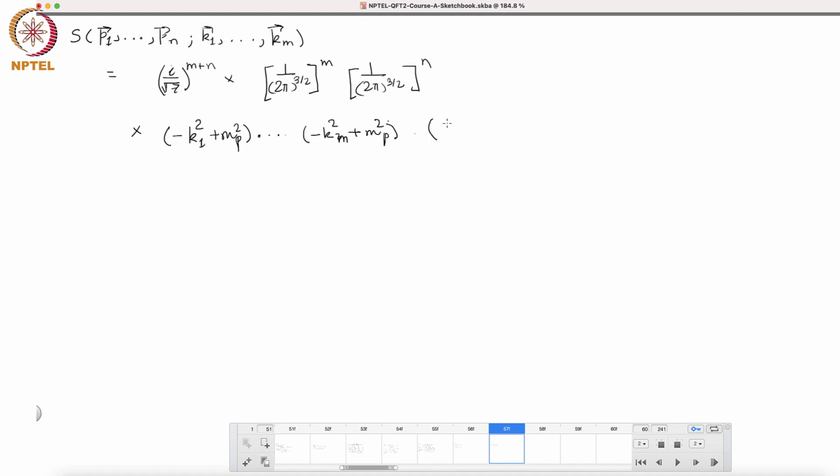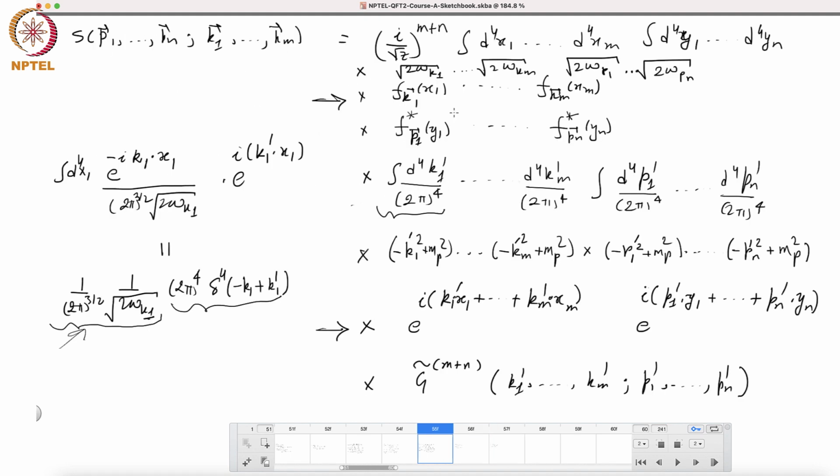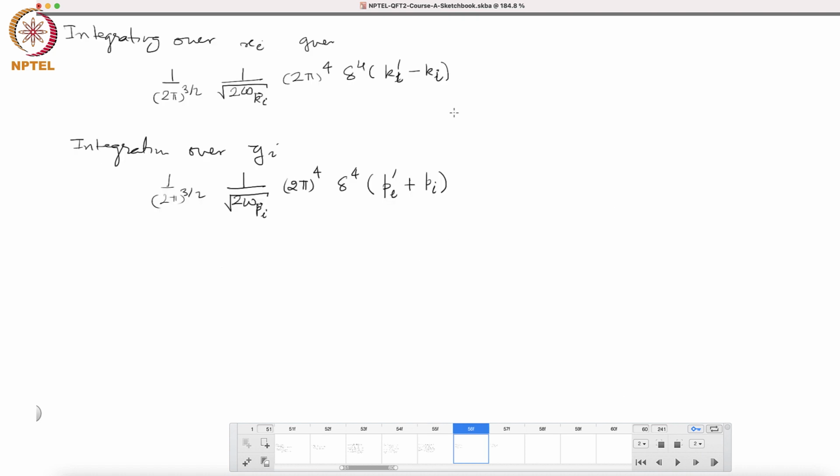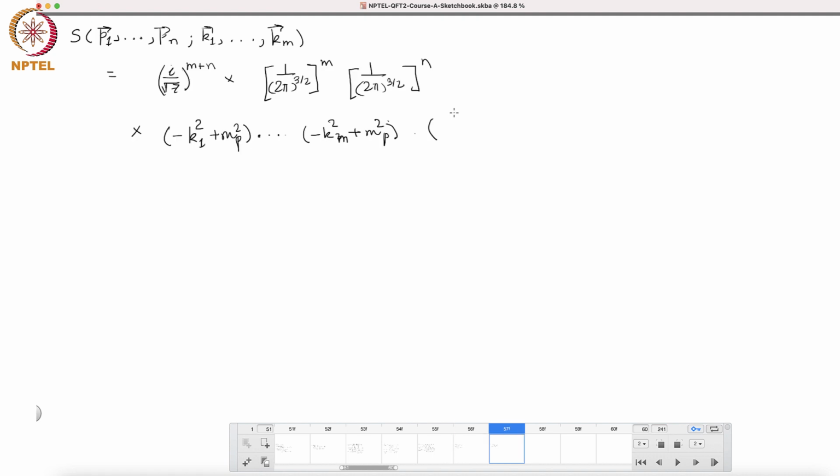Then I have minus p1 prime square plus mp square, but p1 prime I should replace by minus p1, and when I square it the sign change doesn't matter, so I get minus p1 square plus mp square, and so forth, and the last factor is minus pn square plus mp square.